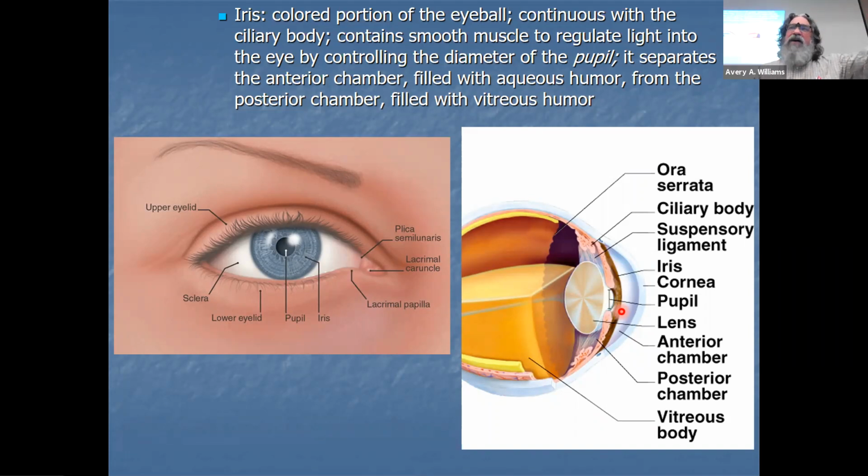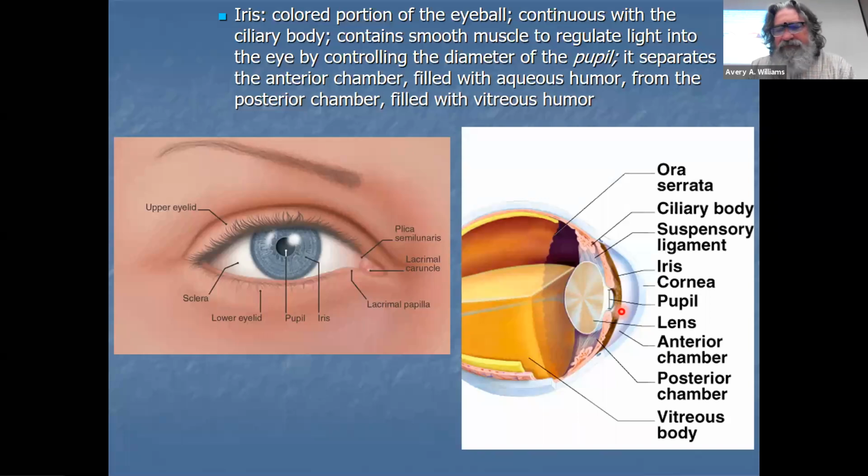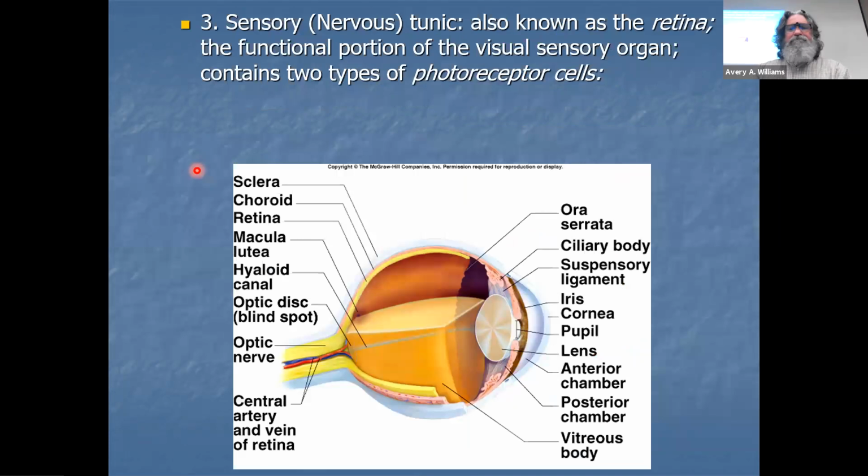But if you're outside on a bright sunny day like today, it constricts and gets very, very small because you don't need a lot of light to come in. There's too much light. It's like overstimulating. So you get little pinhole pupils, and just plenty enough light to enter the eye and stimulate and form an image, right? So there you go. That's all your iris right there.